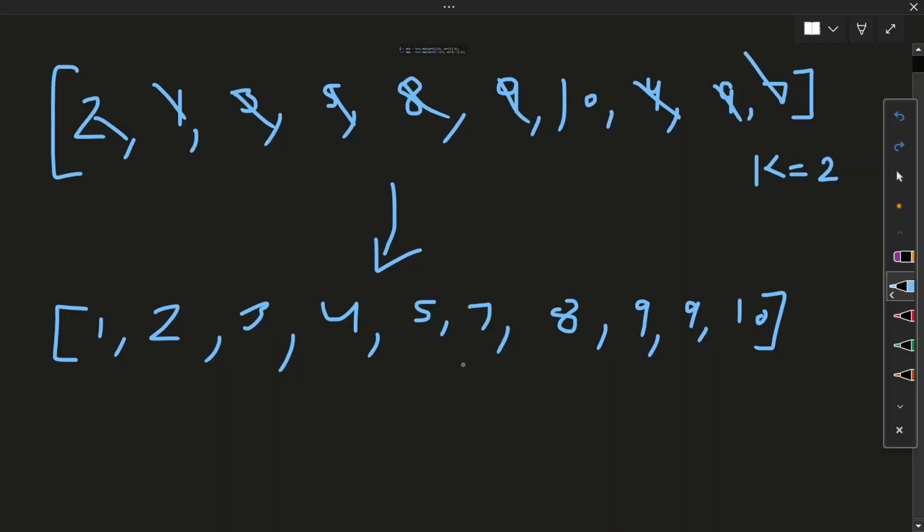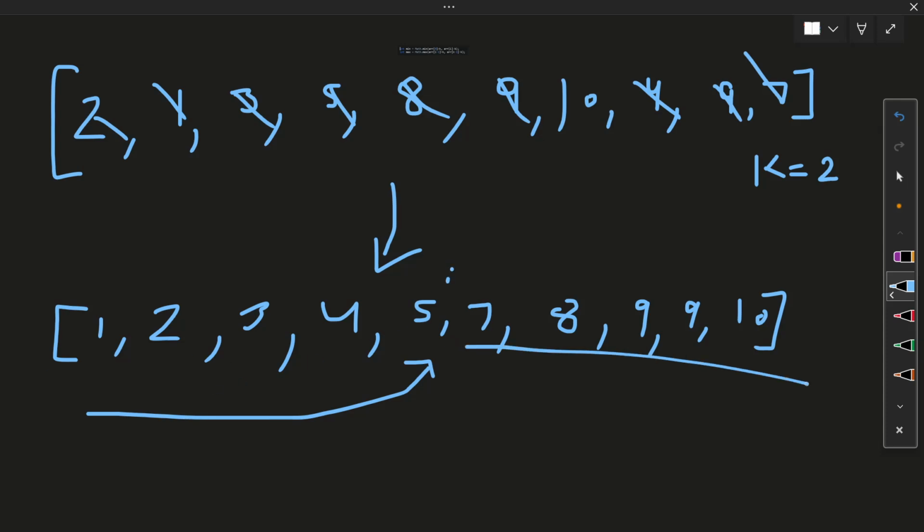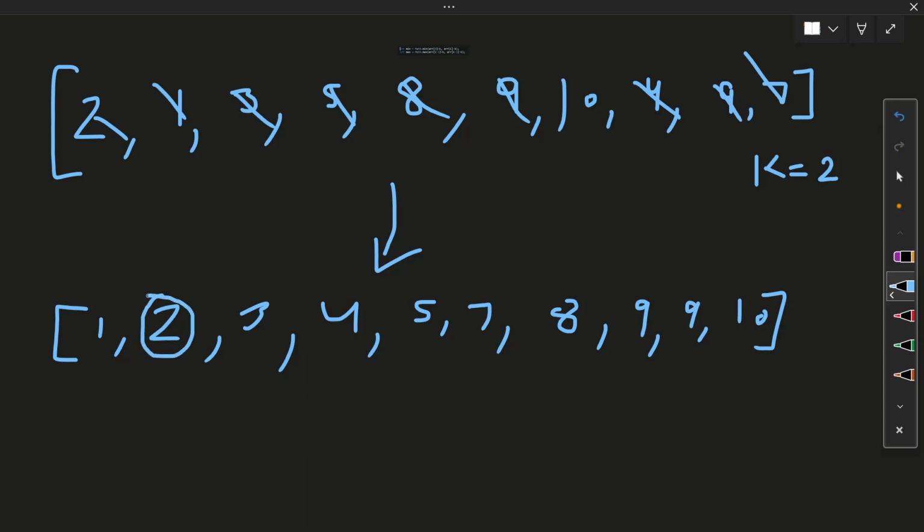After that, we have to first increment all the values till a certain point, and after that all the elements get decreased by k. So let's first find out. We will start at this position.